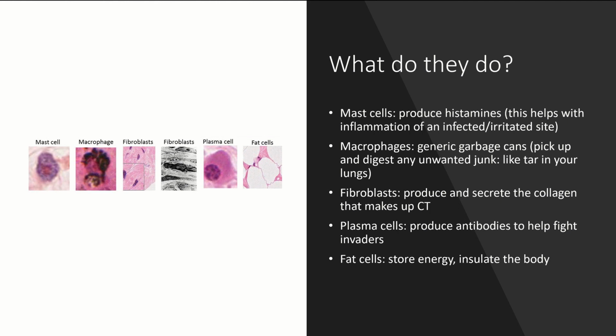And what those histamines do is call other cells to the site. So they're going to say, hey, something is going on here. We need everybody. Bring the white blood cells, bring the platelets, bring the macrophages, bring them all here because we have a battle going on. Somebody just cut themselves and we need to fight off this bacteria, these germs, whatever just came in. Okay, so that is what mast cells do.